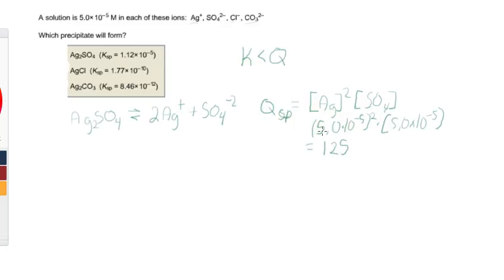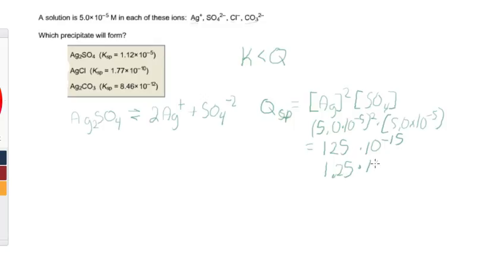125. 5 times 5 times 5, so 5 squared times 5 is 125. 10 to the negative fifth squared is 10 to the negative 10 times 10 to the negative fifth is times 10 to the negative 15. I can rewrite 125 by saying 1.25 times 10 to the positive 2.